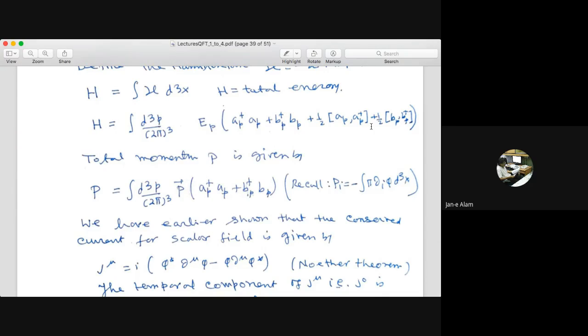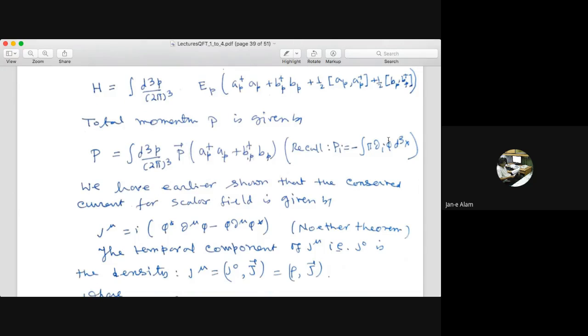It is not surprising in the sense that you have an infinite number of oscillators, and each oscillator has an energy of h bar omega by 2. So if you add up the infinite number of them, then you will get infinity. We'll see how to get rid of this. So this is correct. You have two sets of harmonic oscillators, one corresponding to the A kind of oscillators and one to the B kind, and there are an infinite number of them. So there are two infinities.